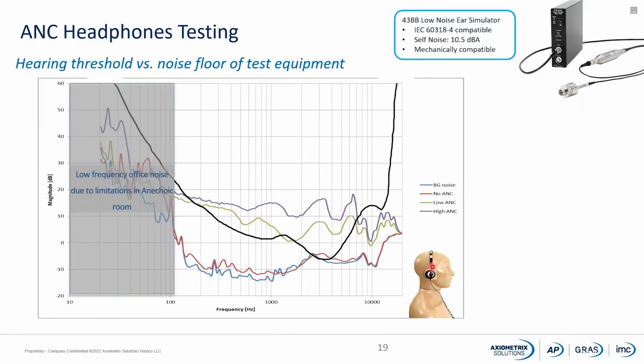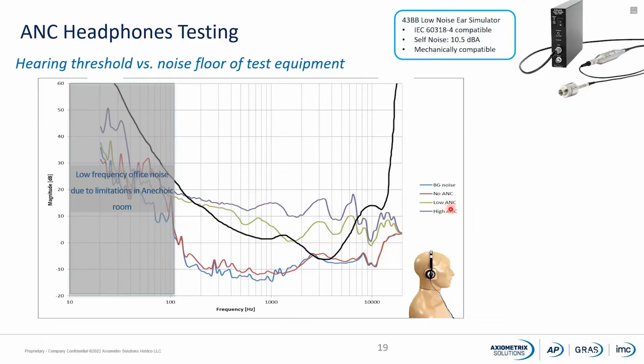First, with the open ear, without the headphones, we're measuring the background noise of the chamber, and that's the blue curve we see here. Then we mount the headphones with the ANC turned off, and we measure the noise floor again, and this is the red curve we see over here. Then we're going to turn on the ANC.